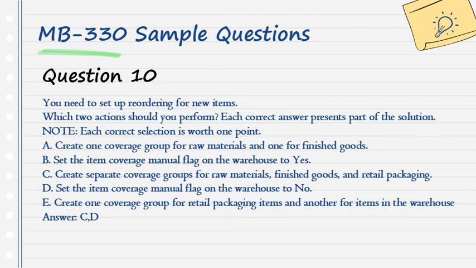B. Set the item coverage manual flag on the warehouse to yes. C. Create separate coverage groups for raw materials, finished goods, and retail packaging. D. Set the item coverage manual flag on the warehouse to no. E. Create one coverage group for retail packaging items and another for items in the warehouse. Answer: C, D.